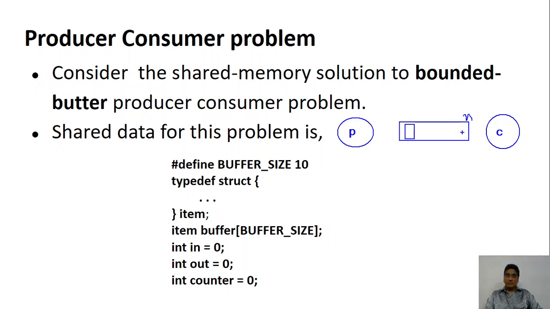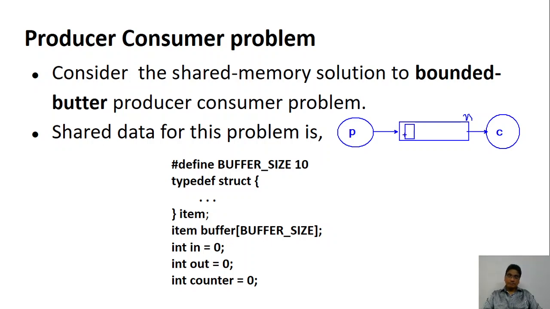How does the process work? The producer produces an item and places it in the buffer. The consumer consumes the item. If the producer has not produced any item, the consumer has to wait until the producer produces one.